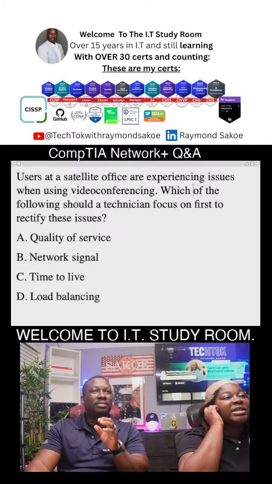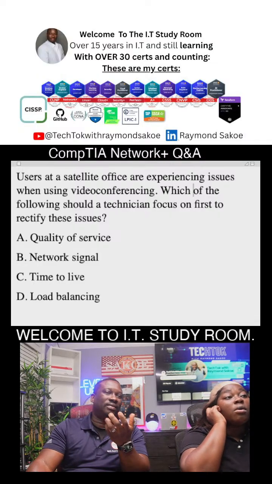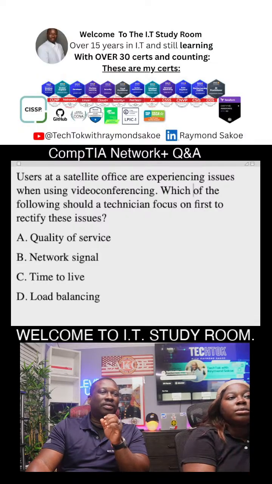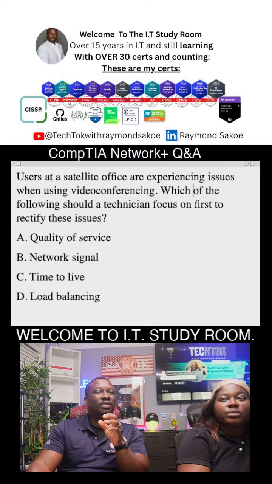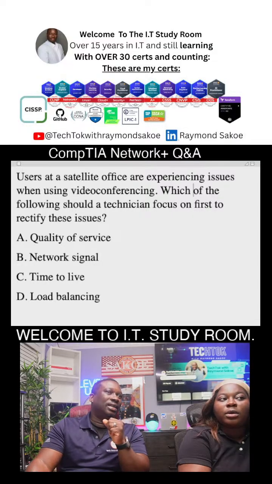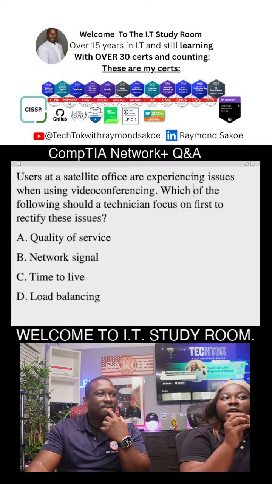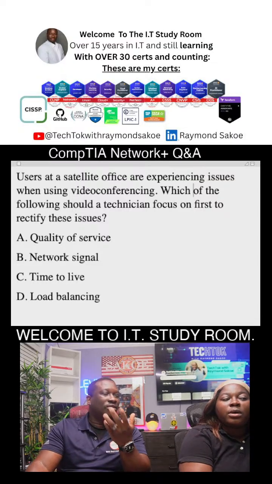Now when it comes to network traffic, some of the traffic is fragile. An example is phone calls. I think that's what Yabify is saying: the quality of service allows you to prioritize time-sensitive traffic. There you go. And then video conferencing as well.